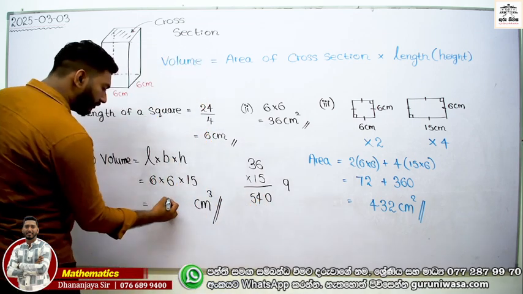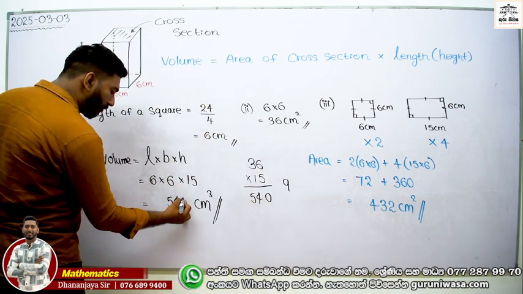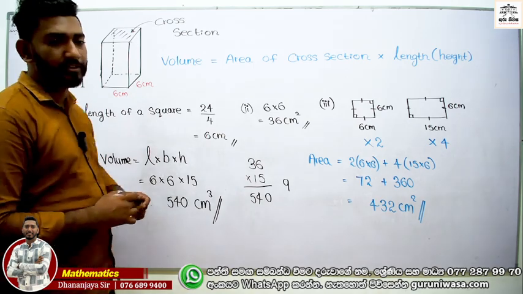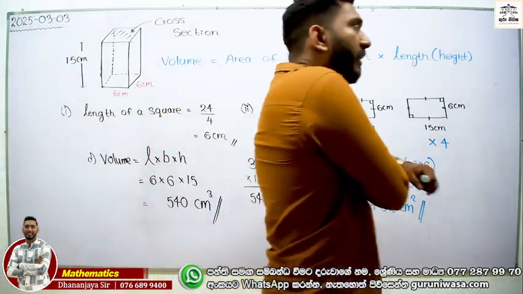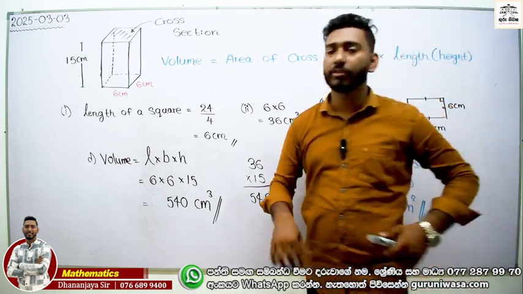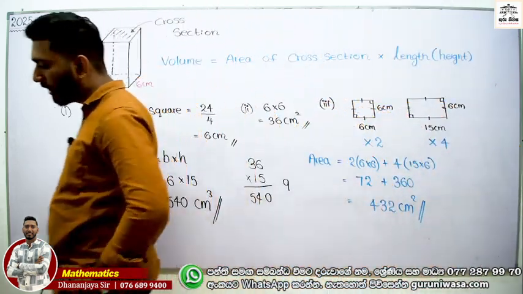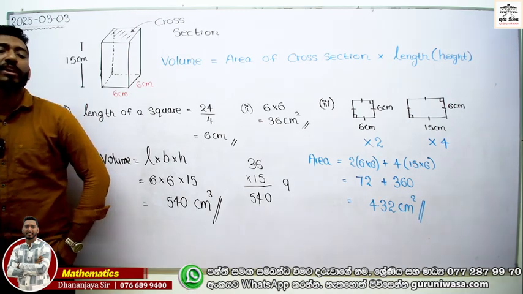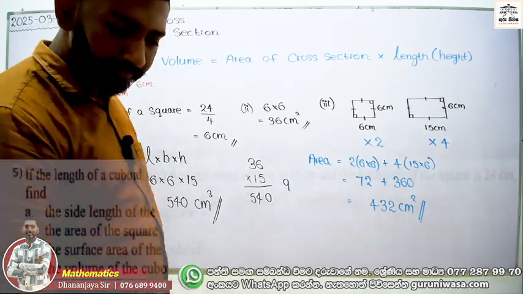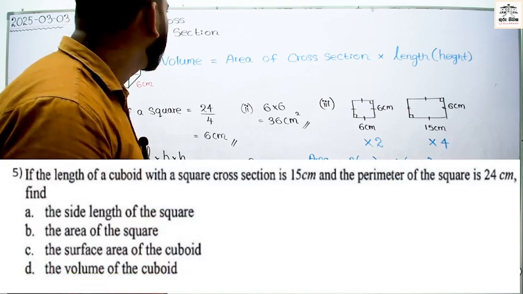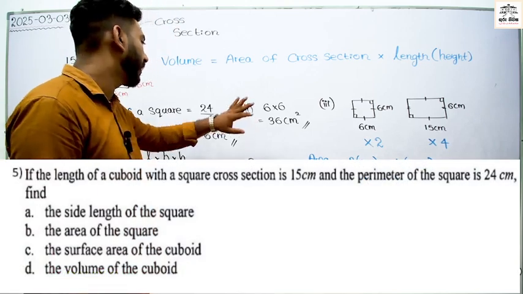Then answer becomes 540 cubic centimeters. Unit is a very important thing. ඒක පටල ගන්න බෑ පුතේ. අද answer cubic centimeters කියලා තියෙන්න ඕන. නියමයි. ඔන්න අපි volume lesson එකකුත් කරා. ඒ කියන්නේ question එක.